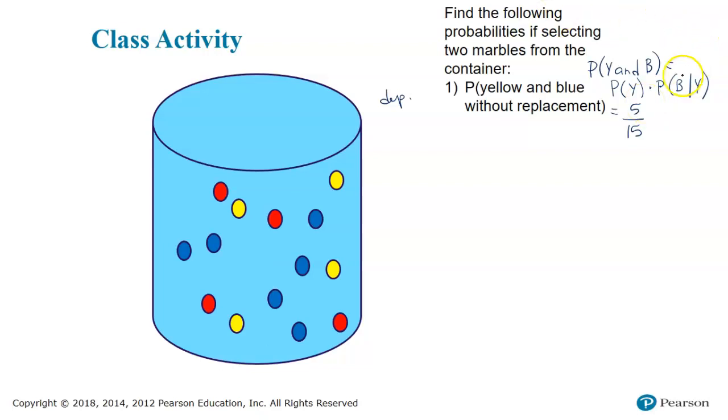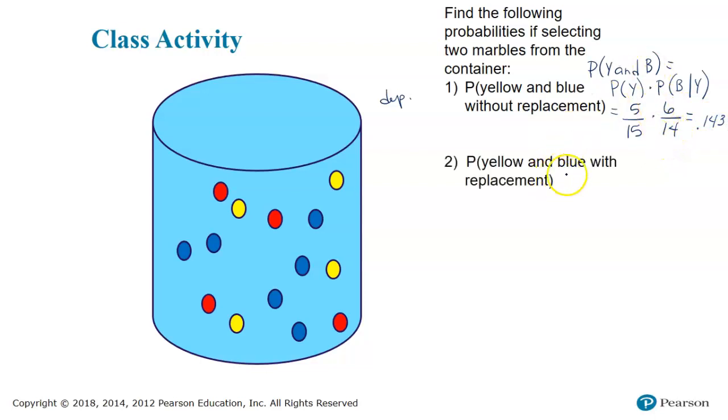When I take it out, I need the probability of a blue, given I took that yellow out and set it to the side. So I've got 1, 2, 3, 4, 5, 6 blue, but I only now have 14 total because I took the one out and set it to the side. If I multiply this out, I'm going to get 0.143 for my probability.